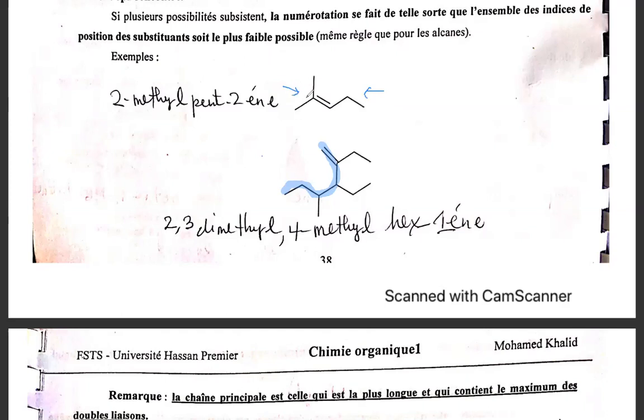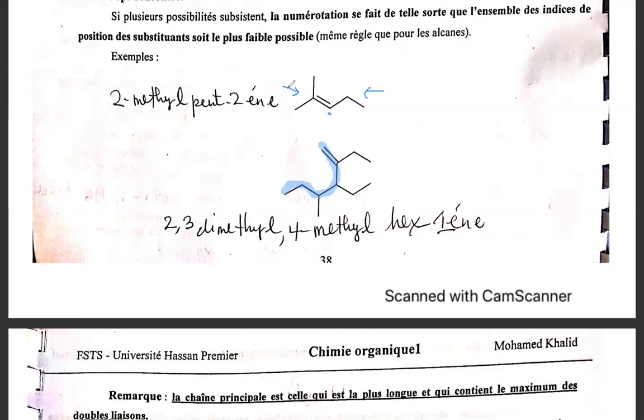So now we are saying the double liaison is supposed to have the lowest index possible. Now, in our case, what's the lowest index possible? If we count from here, 1, 2, 3, it's found at position number 3.